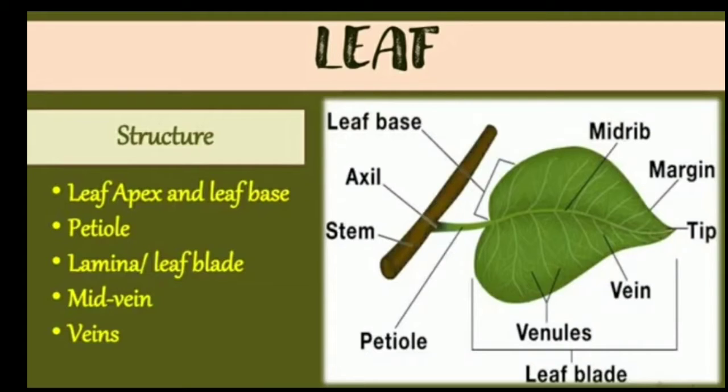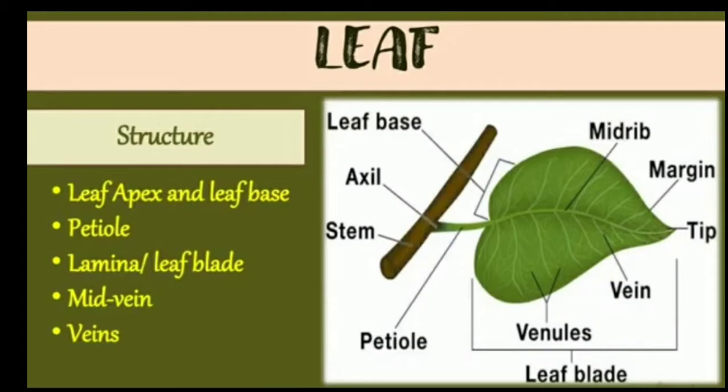Can you see the petiole, children? What is the petiole? It is the stalk that joins a leaf to a stem. The part or the stalk which joins the leaf to the stem is called the petiole. Okay. Now children, the edges of the leaves are called what?